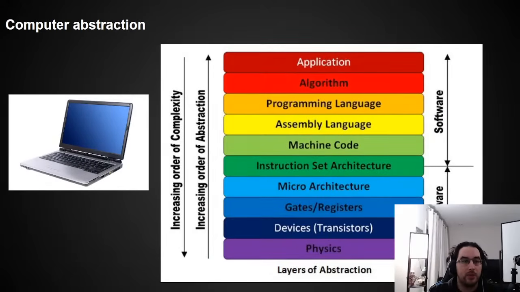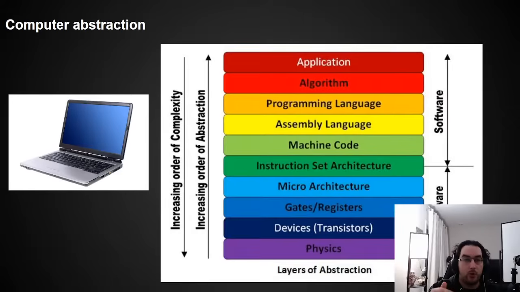When we think of a computer, to be able to write code for a computer, there are different levels of abstraction depending on what you're trying to do. You'll start at the bare bottom of physics, then how transistors work, gates, combining gates to make different architecture, instruction sets. Then you get to assembly, machine code.